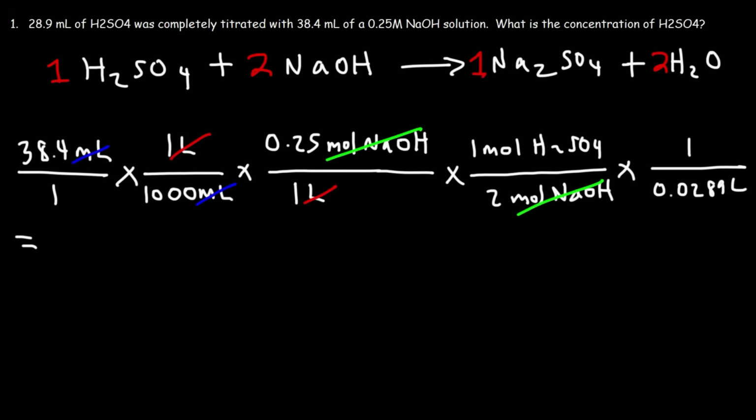So now let's go ahead and plug this in. It's going to be 38.4 divided by 1,000 times 0.25 divided by 2 divided by 0.0289. So the concentration of H2SO4 in the original solution, the concentration that was unknown, we now know what it is. It's 0.1661 M H2SO4.